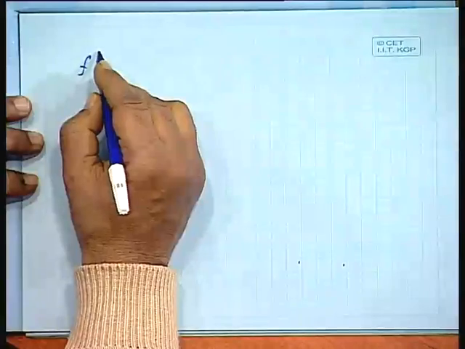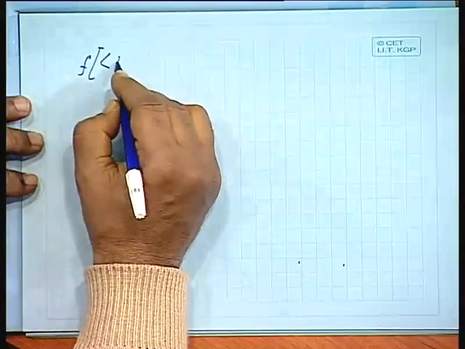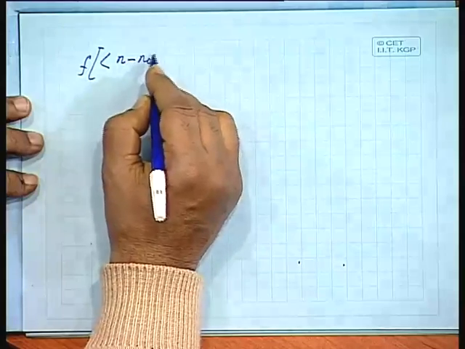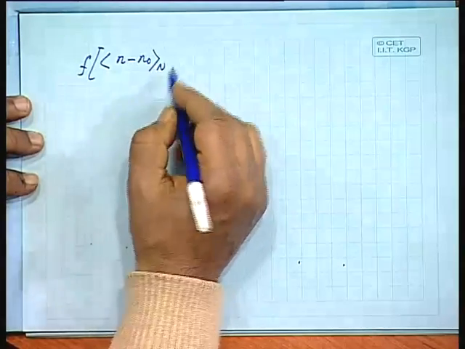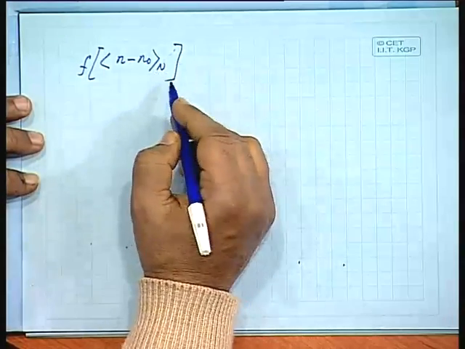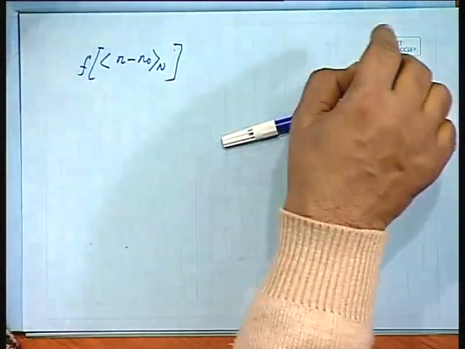So, the circular time shifting property is, suppose there is a function f, modulo N. Modulo N means basically 1, 2, 3, 4, 5, 6. This capital N is 6. So, after every 6 points it is repeated.